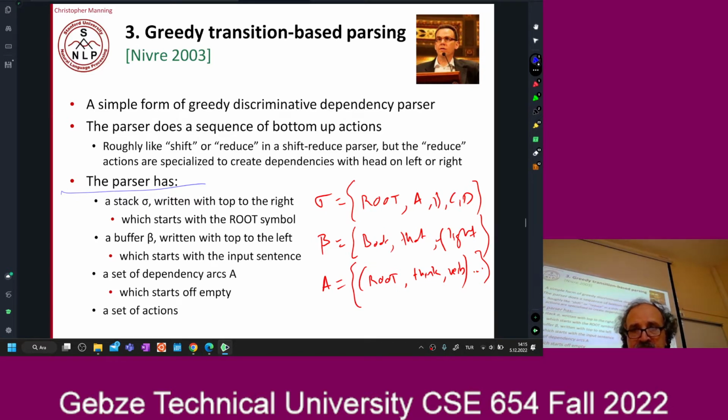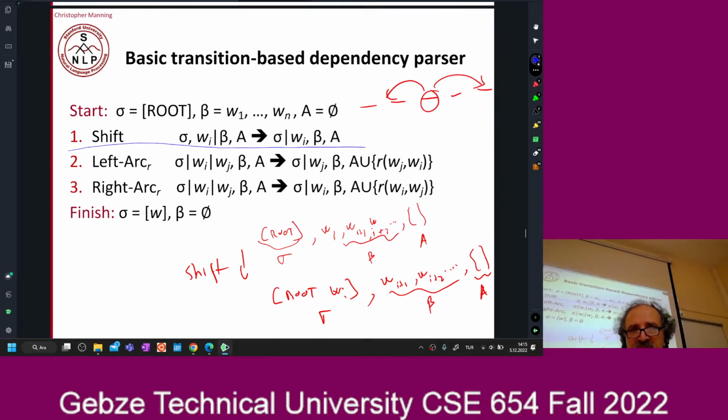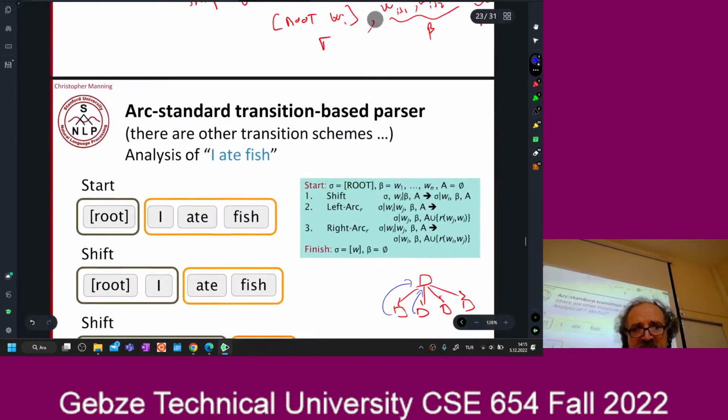And then I have a set A, which includes the dependency arcs that I have recovered. Instead of looking at this sigma, beta, and A, let's see this in action. Maybe I will come to this later.